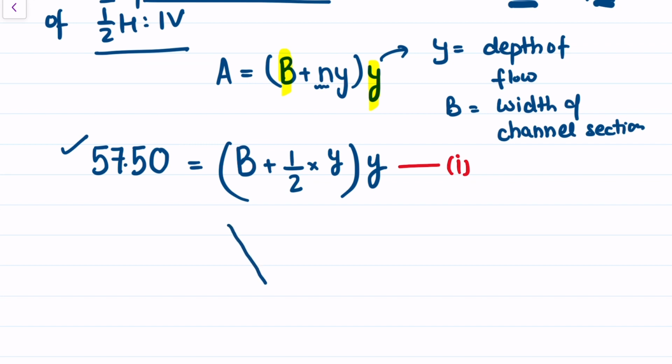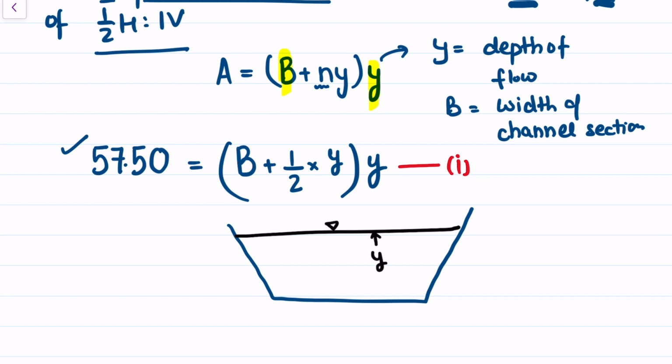In a trapezoidal section where water flows at a depth y with side slope n is to 1, if this is the width, then this is ny, so the sloping side will be under root of ny square plus y square.